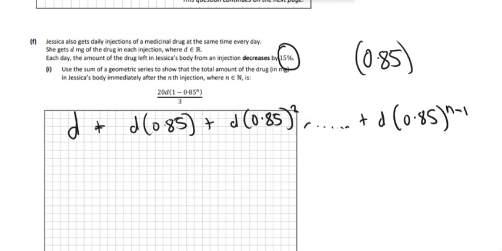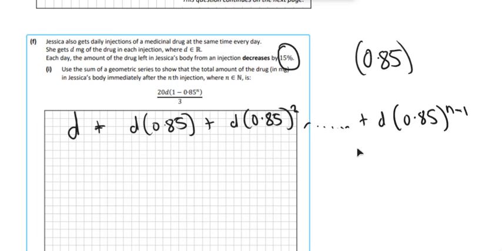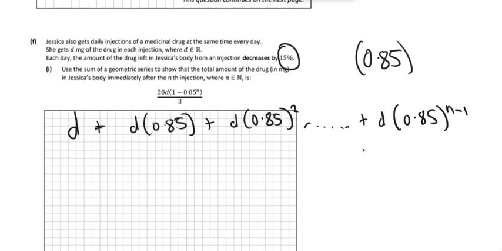So we just need to use the formula again for Sn, the sum. So Sn equals D times 1 minus, so D will be the A part in the formula.